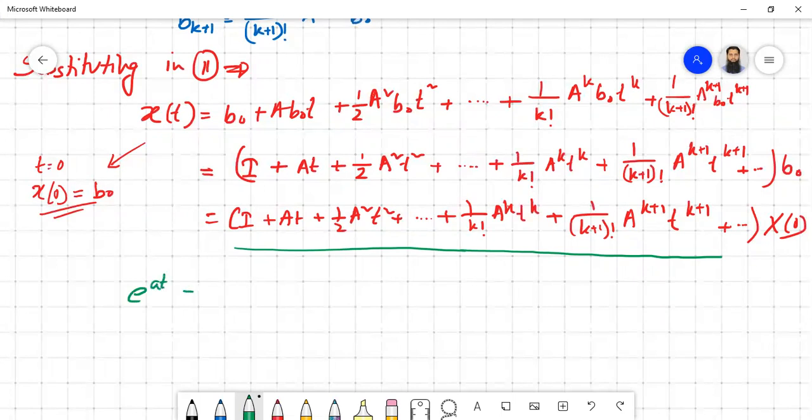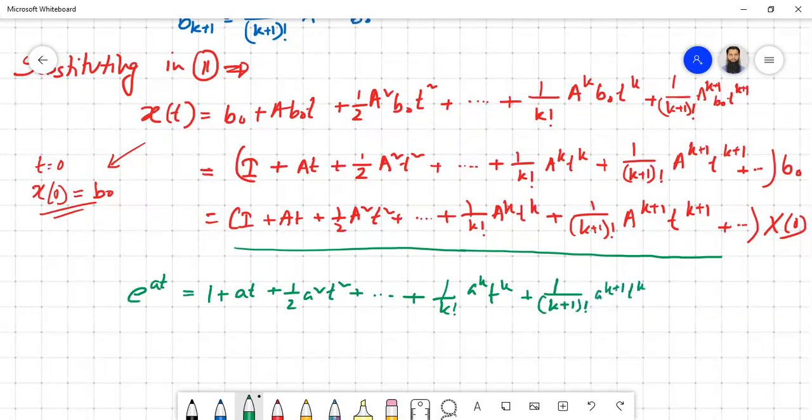If you expand e to the power At as a series, we can actually find 1 plus At plus half A squared t squared plus goes on plus 1 by k factorial A^k t^k plus 1 by (k+1) factorial A^{k+1} t^{k+1} goes on. So this is a series.